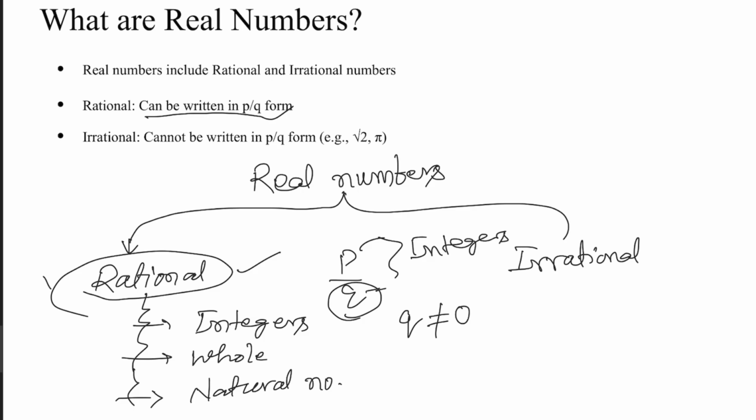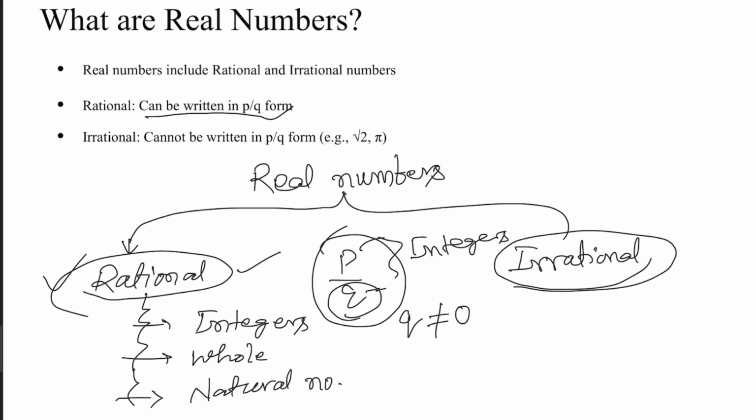This condition must be satisfied for a rational number. If any number can be written in the form of p by q, where q is not equal to 0, you have to keep in mind, then you can call that number a rational number.